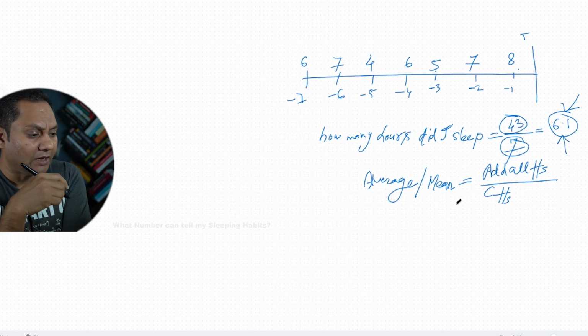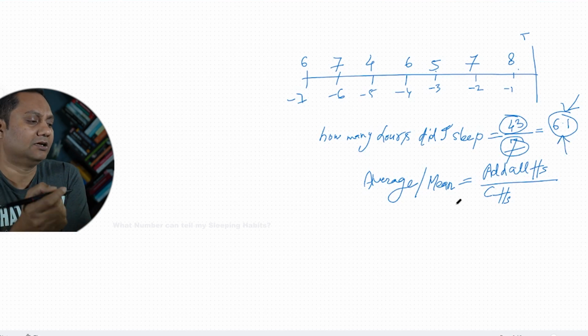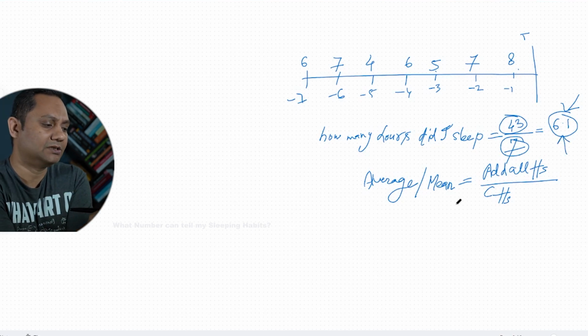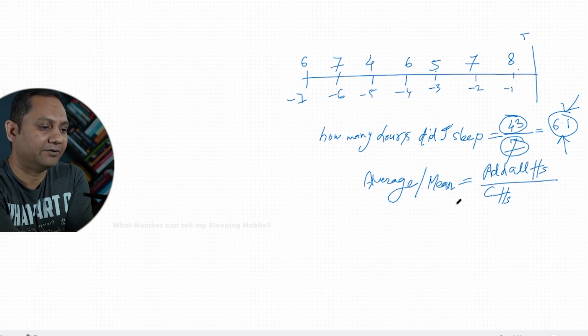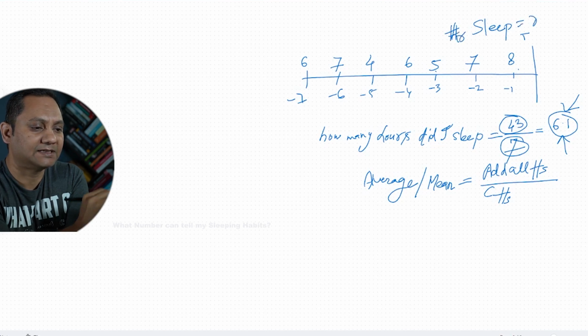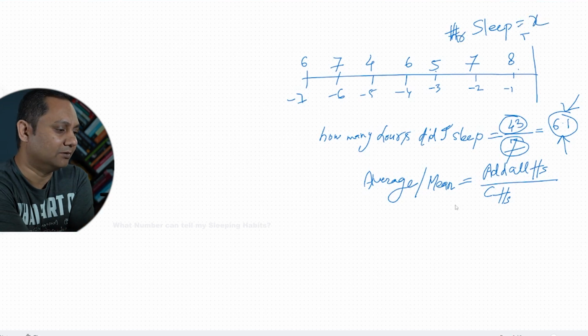In mathematical terms, all these data points are instances of a variable. So if sleep, or number of hours of sleep, is my variable x, then 6 hours is one value for that variable. So this is called x1.